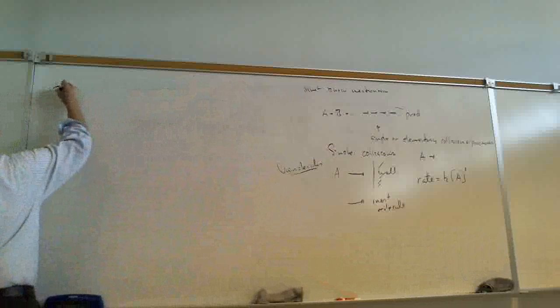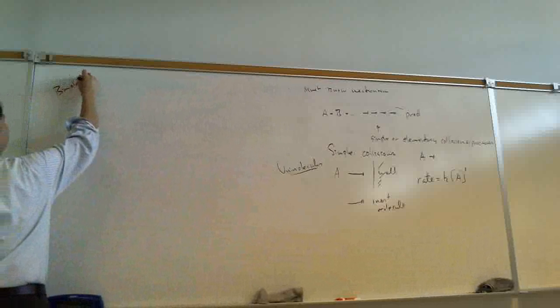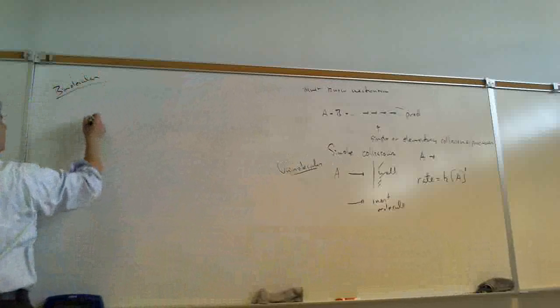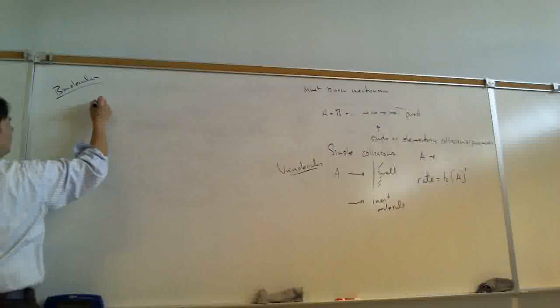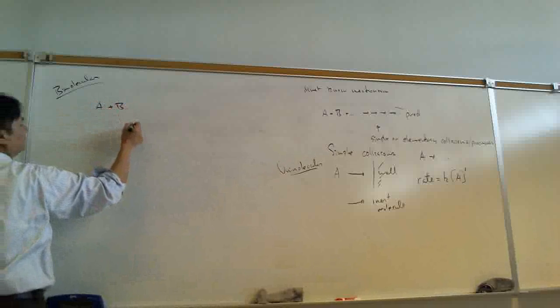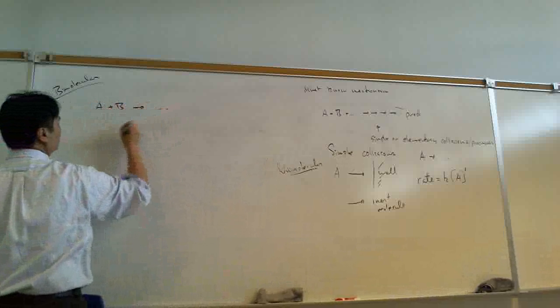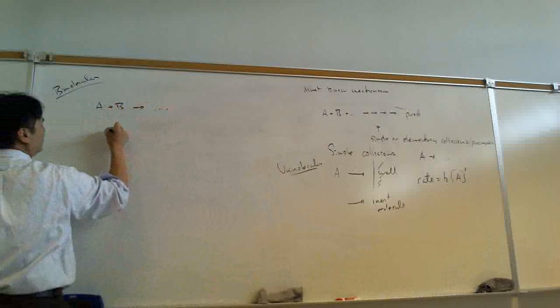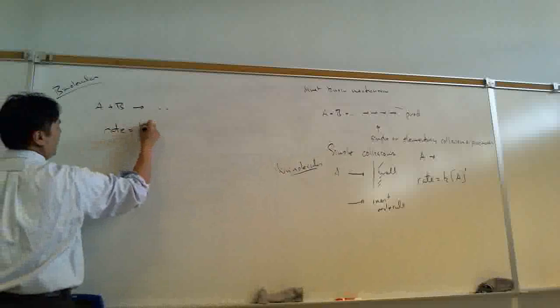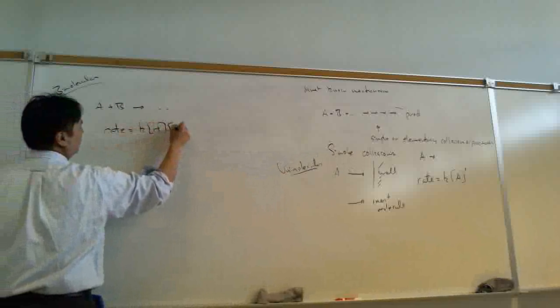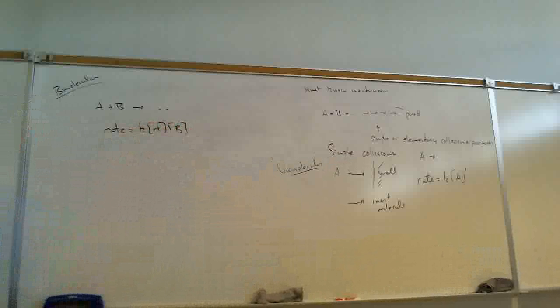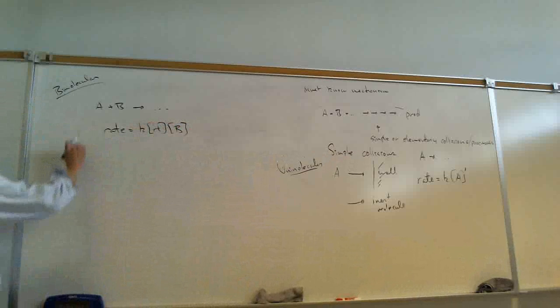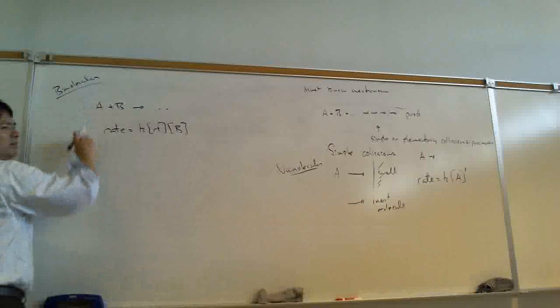Then we have a bimolecular. Bimolecular is something like this, A plus B goes to whatever. And so the rate will equal k[A][B]. But what would the order with respect to these be? So if I double A, what would happen to the number of collisions?